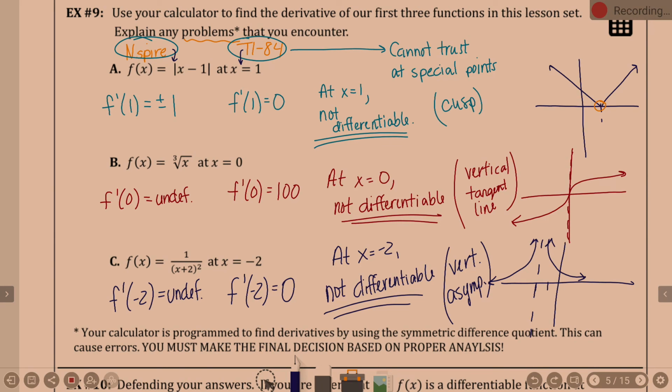Okay. Now, if you haven't read that bottom comment, it says your calculator is programmed to find derivatives by using the symmetric difference quotient. This can cause errors. You must make the final decision based on proper analysis. You can usually trust the derivative button, unless you get these weird special cases. Like the derivative we did here, x squared minus 5x plus 6, that's a parabola.